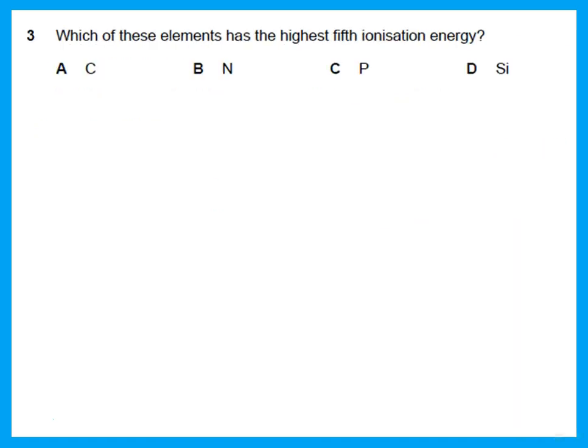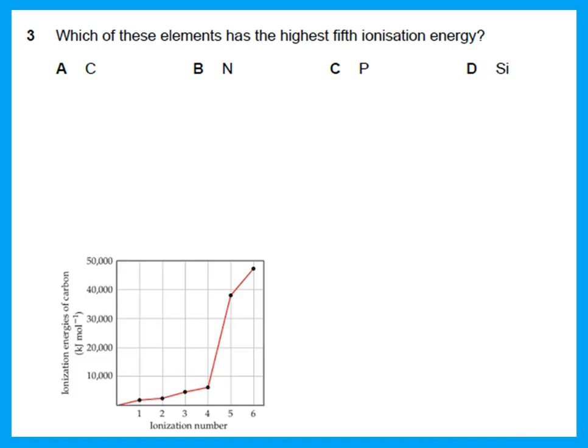Okay? Which of these elements has the highest fifth ionization energy? Okay, how do we know that? You should know that ionization energy, first of all, is the amount of energy needed to remove the outermost electron. If I want the highest fifth ionization energy, I'm looking for something in group 4. Why am I looking for something in group 4?